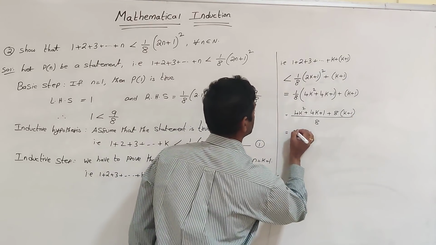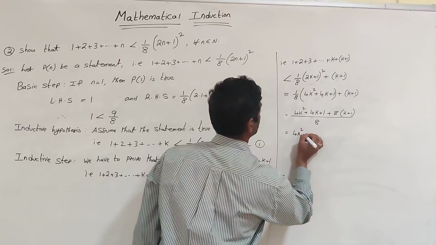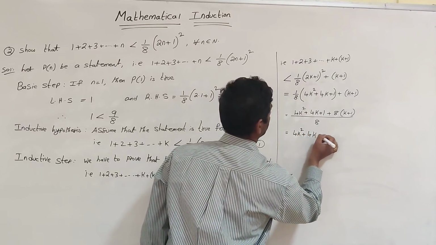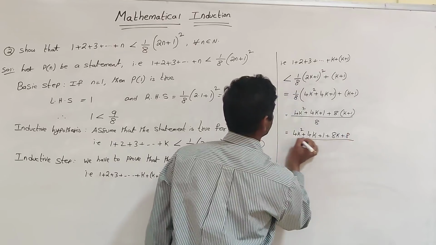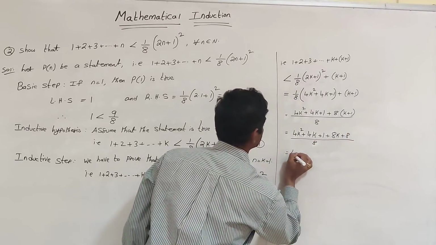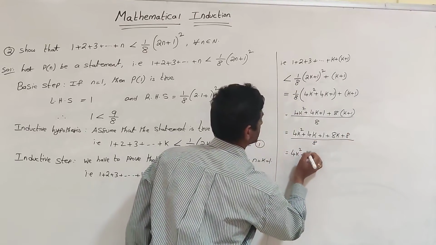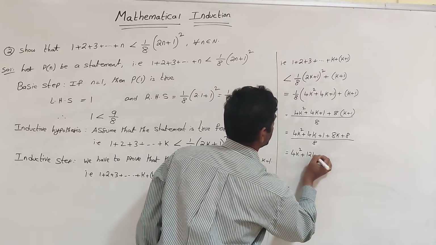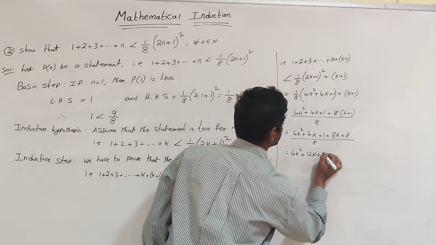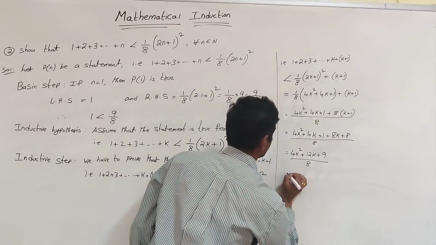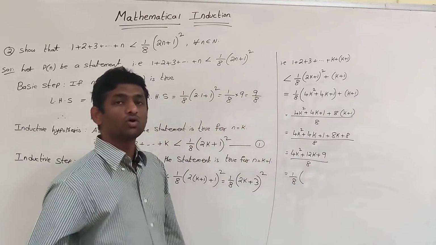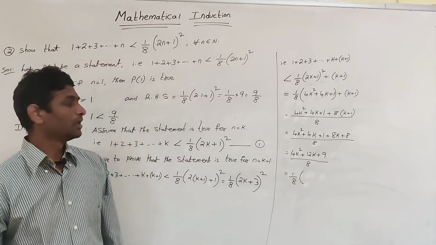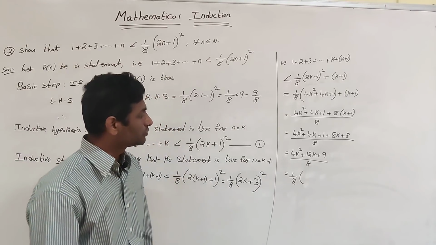So it will be 4k square plus 4k plus 1 plus 8k plus 8 by 8, which is 4k square plus 4k plus 8k, 12k, plus 1 plus 8 is 9, by 8, which is 1 by 8 times 4k square plus 12k plus 9.